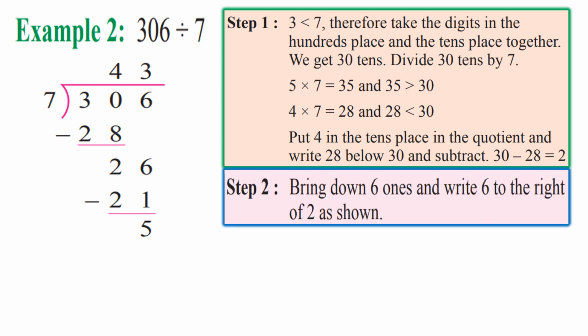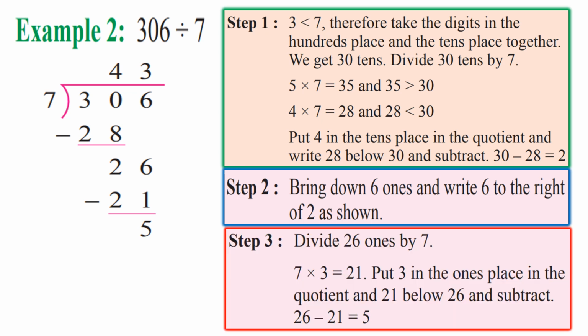Step number 2. Bring down 6 ones and write 6 to the right of 2 as shown. Step number 3. Divide 26 ones by 7. 7 times 3 equals 21.